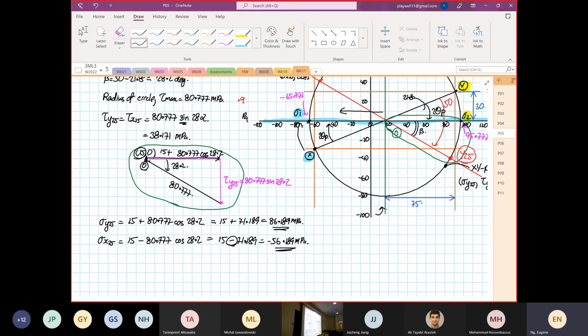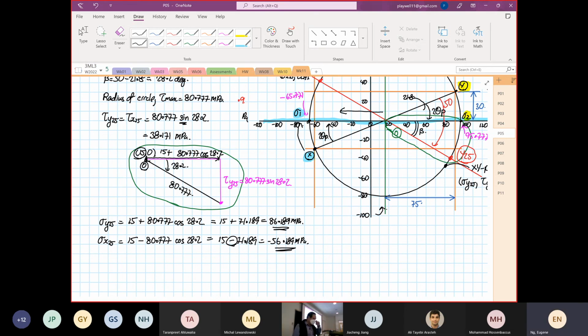So adding that 15 to the stress Y25 and stress X25, because that is the center of the circle. Everything is relative to the center of the circle with your stress average, because the zero means nothing. The rotation is not from here. The rotation is from the minus 15, the plus 15.